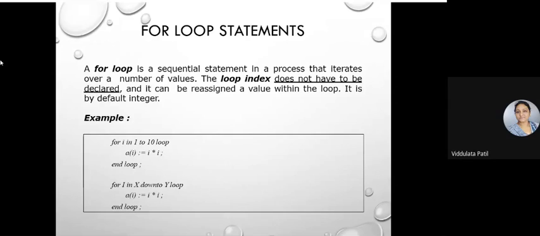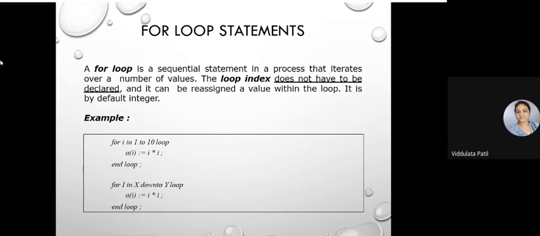The value of this loop index can be read inside the loop and it is not available outside the loop. So remember that the value of the loop index is available inside the loop only. It is not available outside the loop. And one cannot assign or change the value of this index.